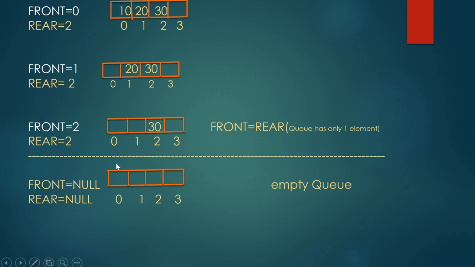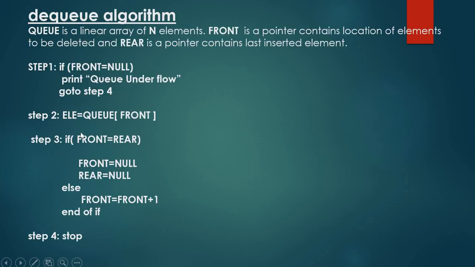Then how to write the algorithm? See here, the special case means one and only one element. In which case is there one and only one element in the queue? Front equal to rear. In that case, if you want to delete, we need to change both the pointers. That is front equal to null, rear is equal to null.